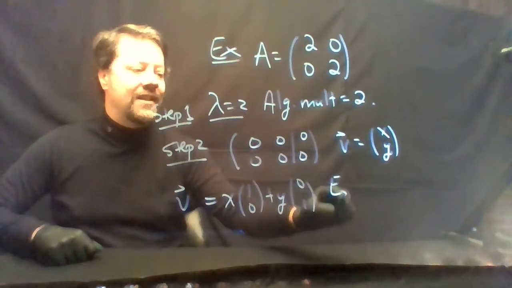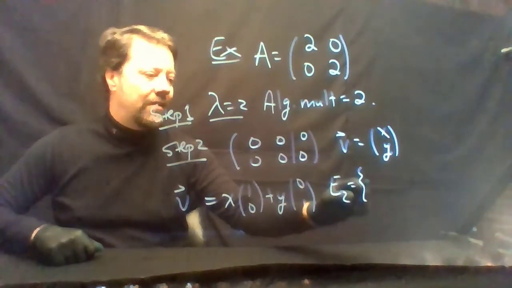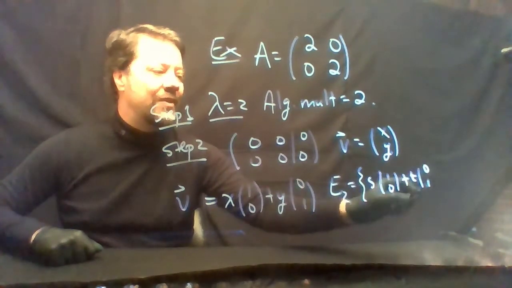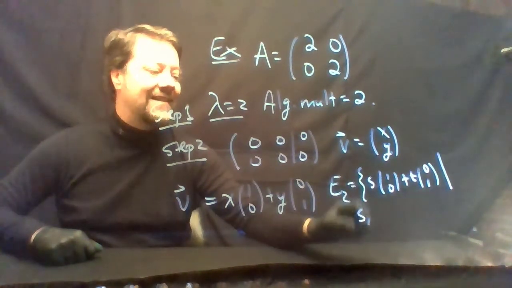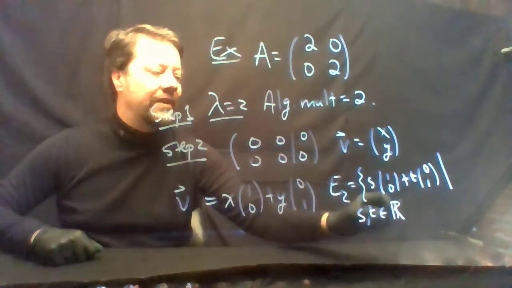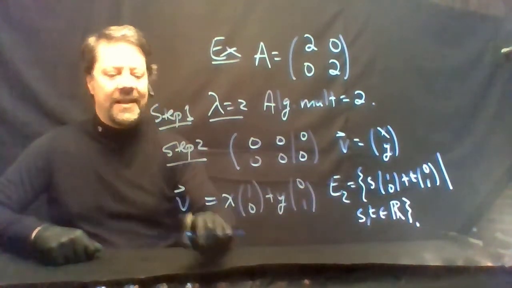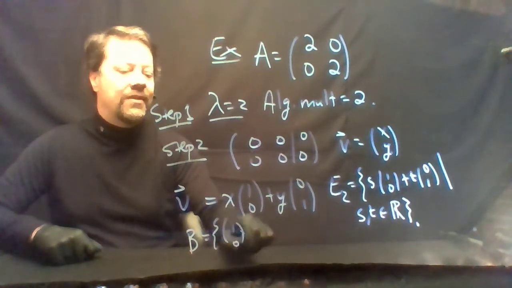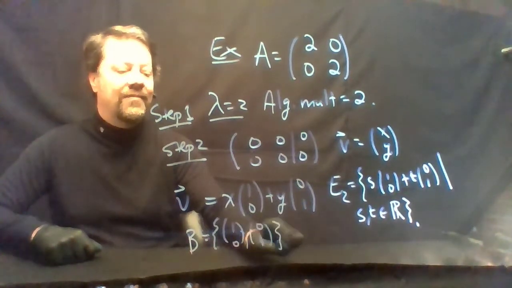Your eigenspace, E2, is the set of all s times (1, 0) plus t times (0, 1), such that s and t are real numbers. That means a basis for the eigenspace will consist of (1, 0) and (0, 1).